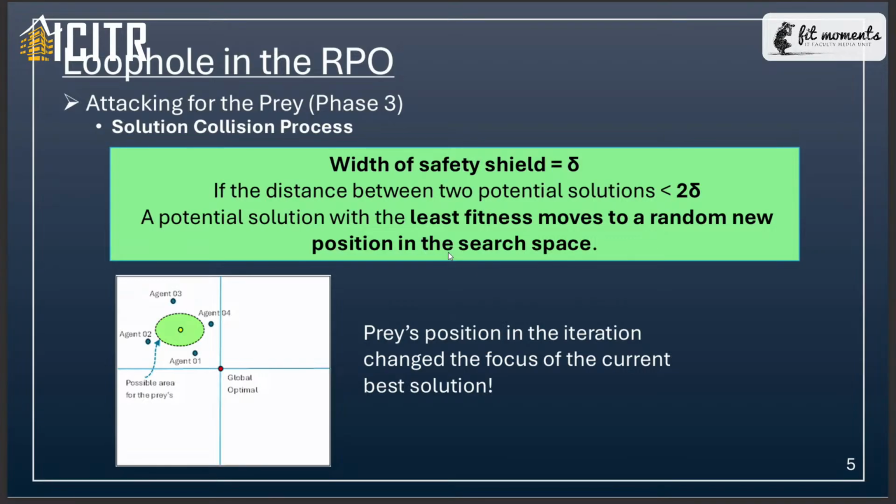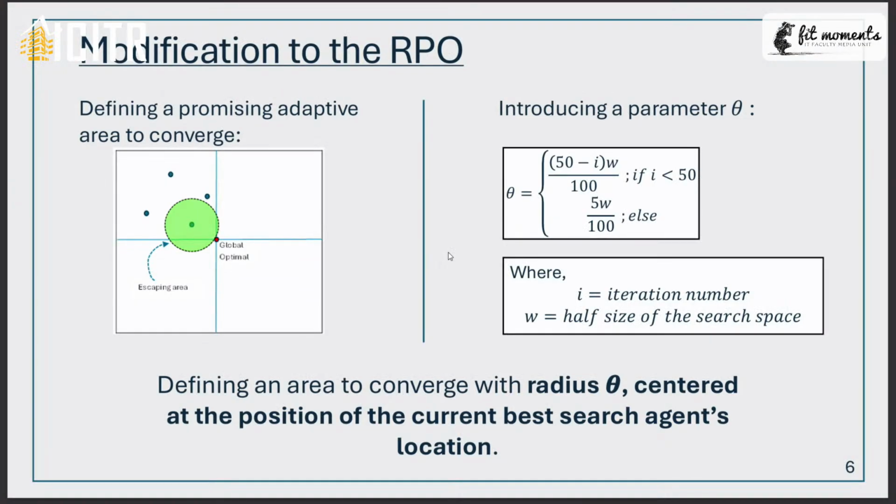If any two search agents are closer than twice this parameter, we move the search agent with the worst objective value to a new random location anywhere in the search space. Because of this dispersion, it misleads the direction of exploitation, rather than exploiting the area of the optimal solution.